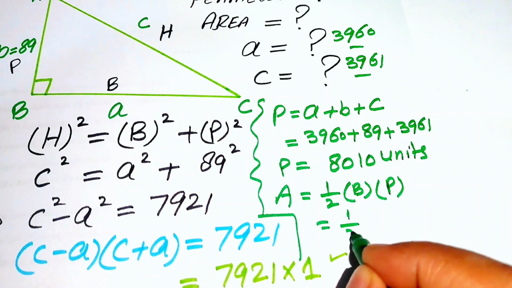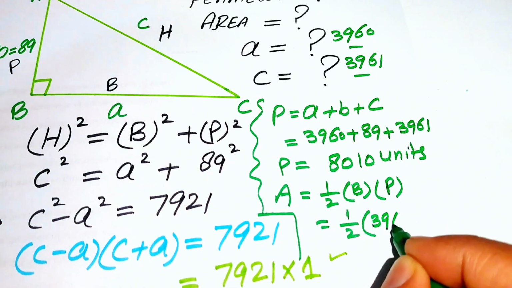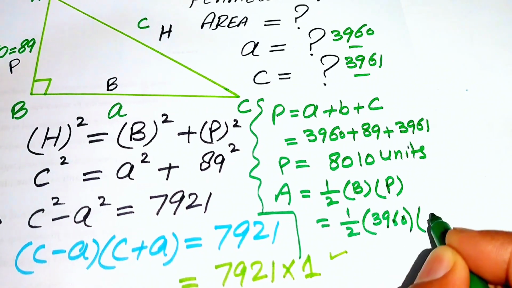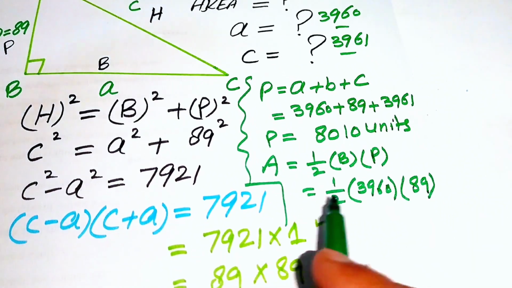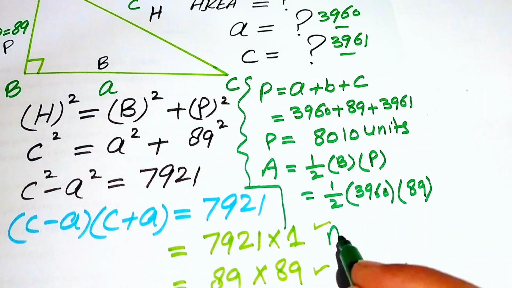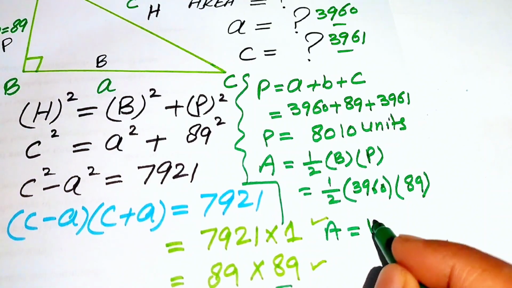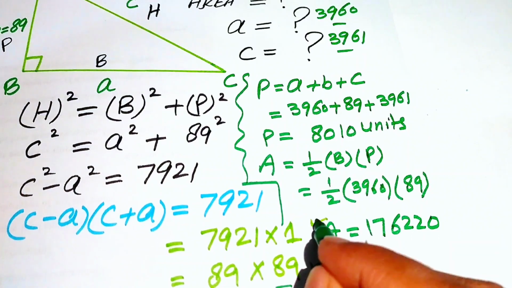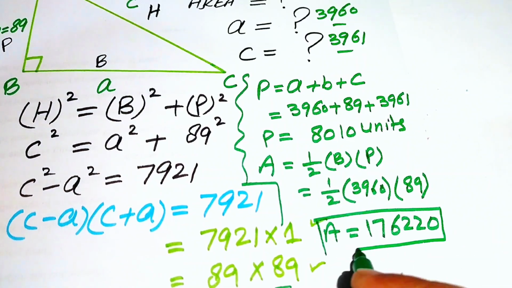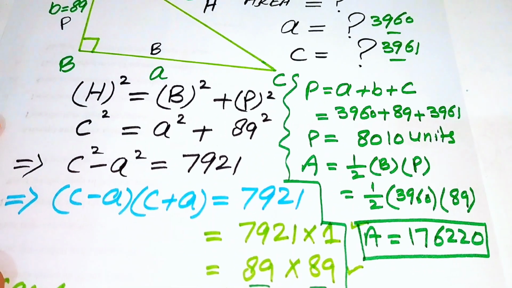So we substitute these two values here, 1 over 2 times 3960 into perpendicular 89. So here we cancel the 2, and you easily get the value of area is 176220. So this is the area of the given right triangle, and this is the final answer.